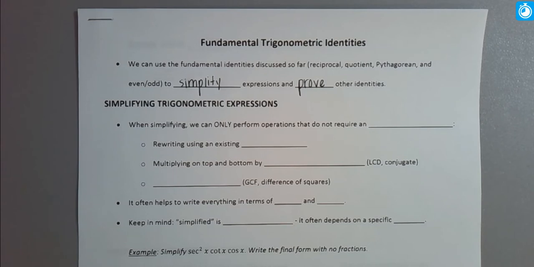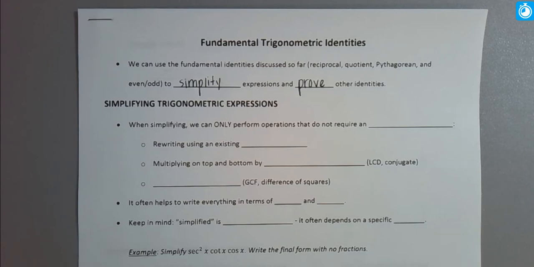Suppose we have an expression that involves potentially more than one trigonometric function. We can use some of the identities we have so far to simplify expressions that have those functions. Now we have some limitations when we're talking about simplifying. We have to be careful when we take something represented as an expression, not an equation, and simplify it from where it currently stands.